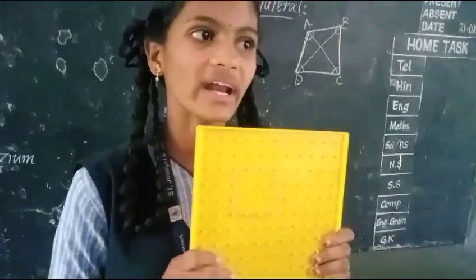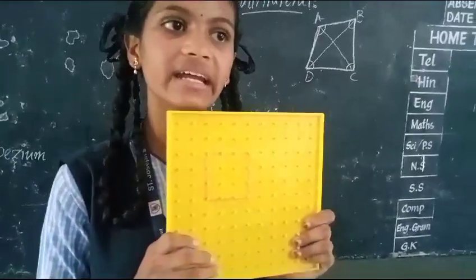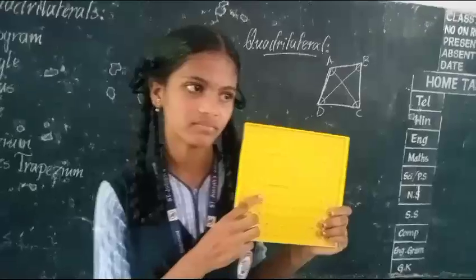In a rhombus, if one angle is equal to 90 degrees, then it is a square. This is a square.